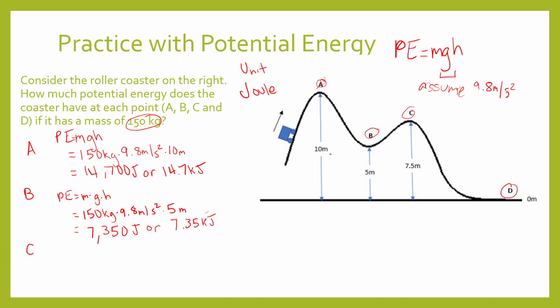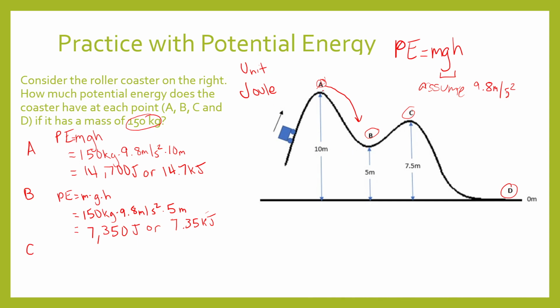Next up, we're going to look at point C. On this location, you can actually see here, the roller coaster starts up high and moves its way down. So the roller coaster starts here and falls. At this point, it has less gravitational potential energy because it is a lower point.